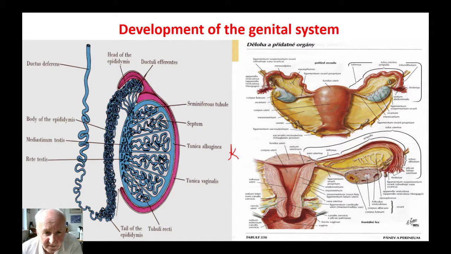You see, I have already been speaking about the tubules of the mesonephros, and you see them here now, the definitive result in a male, the ductuli efferentes, which take the spermatozoa.